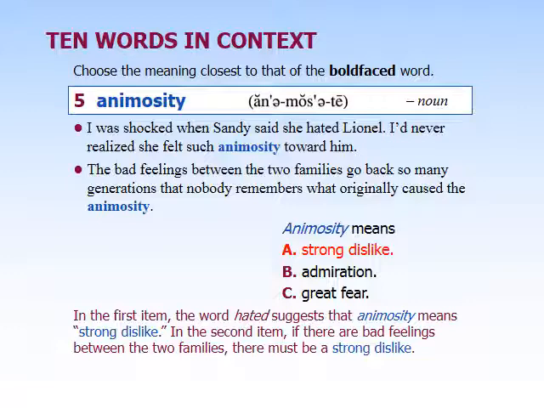So in the first example, when it says that she hated Lionel, when we add to that she felt such animosity, what that means is that she wishes bad for him, or she's actually in conflict in that one. In the second example, you're talking about the animosity between two families. There's a famous story in U.S. history about the Hatfields and the McCoys, which are these two families that for generation after generation kept on fighting each other.